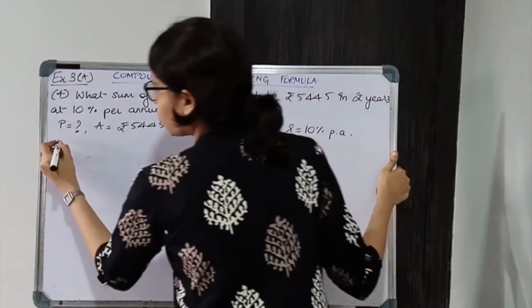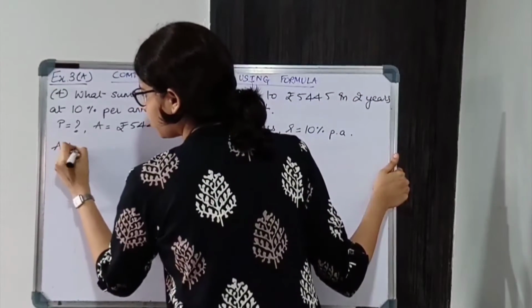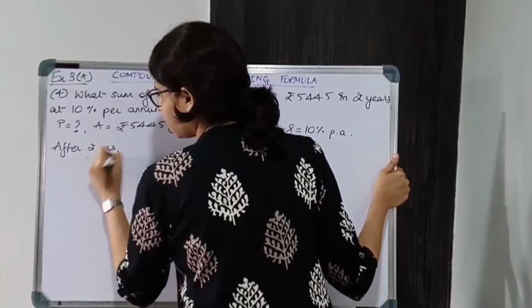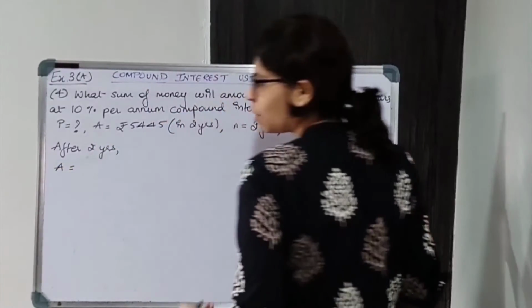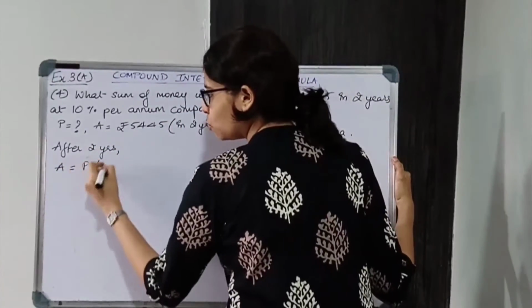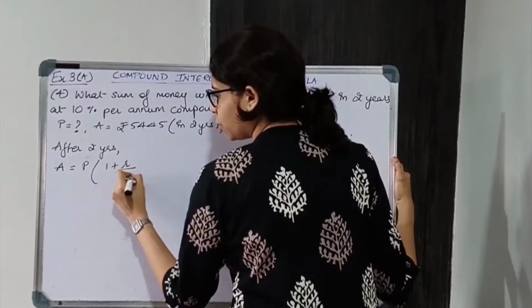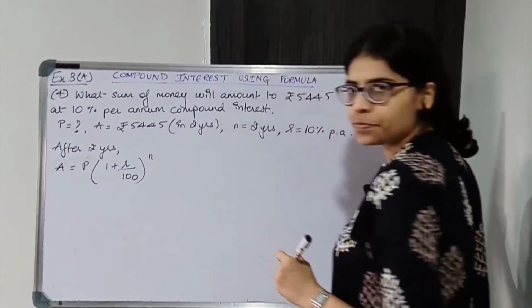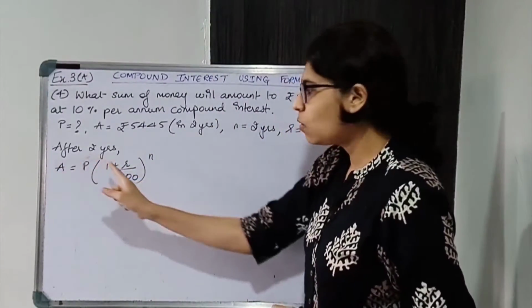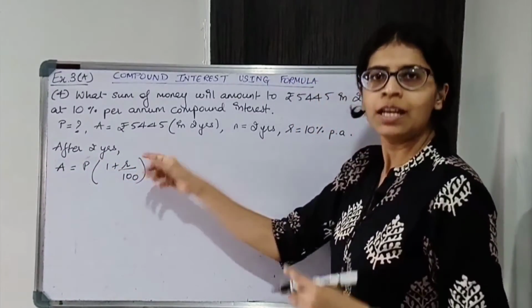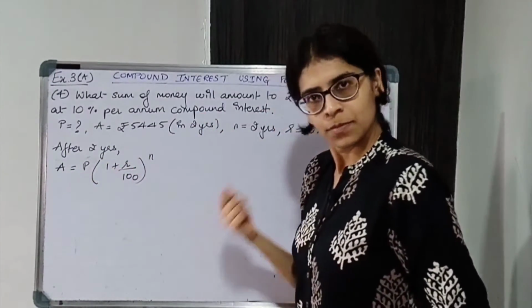So after 2 years, what is going to be the amount? Amount is equal to P into 1 plus R upon 100 raised to N. We know A, we know R, we know N. We can easily find P, okay.